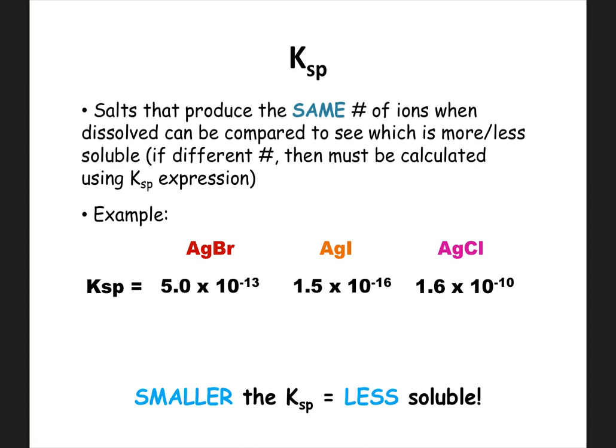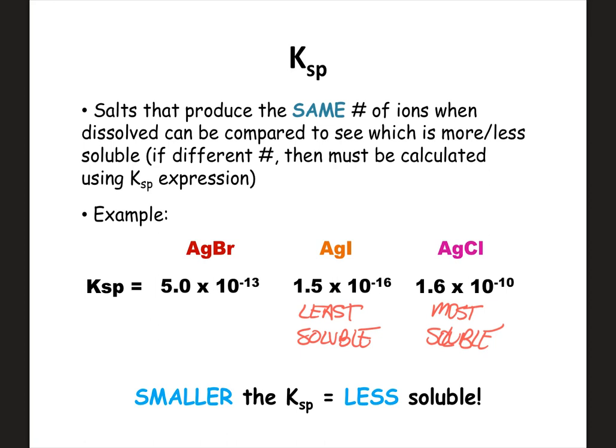The smaller the Ksp, the less soluble. So the Ksp value here that is the lowest is AgI, 1.5 times 10 to the minus 16. So this would be the least soluble of the three substances. And then the one with the highest Ksp would be the most soluble. Comparing what's left, AgCl has the higher value. So this substance would be the most soluble of the three.